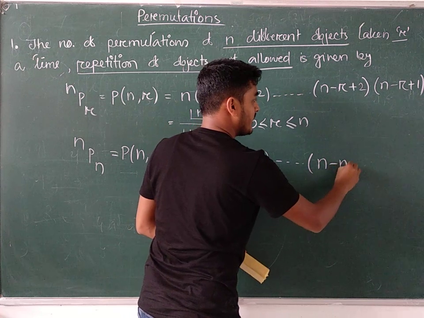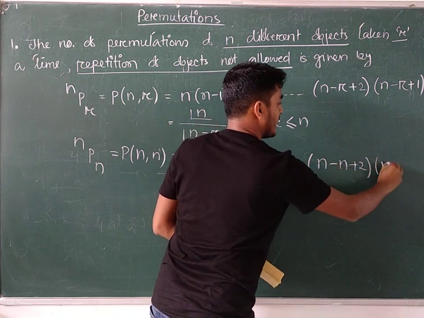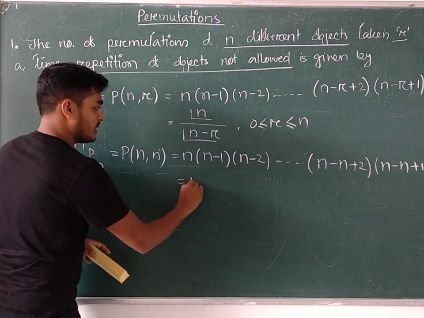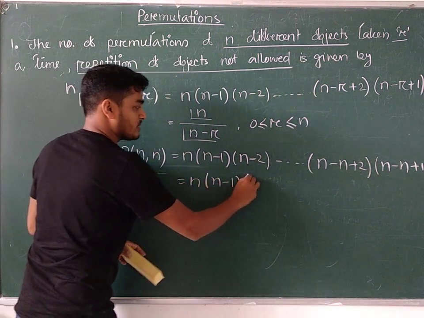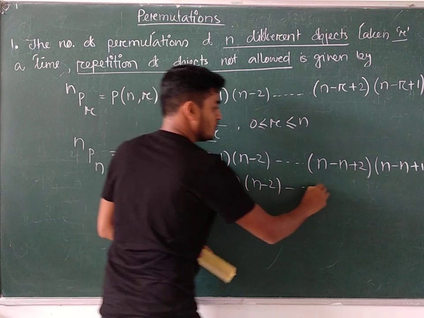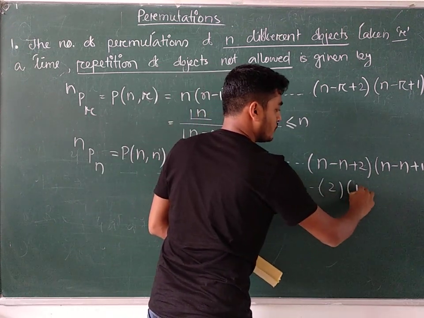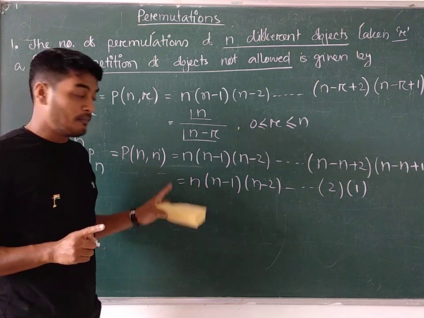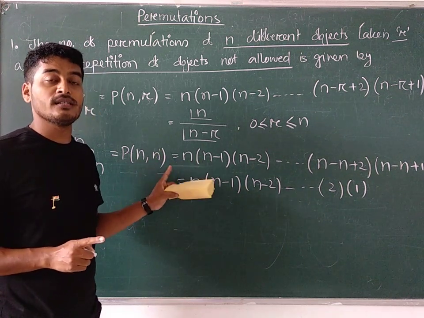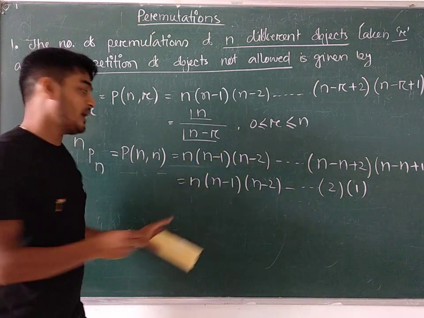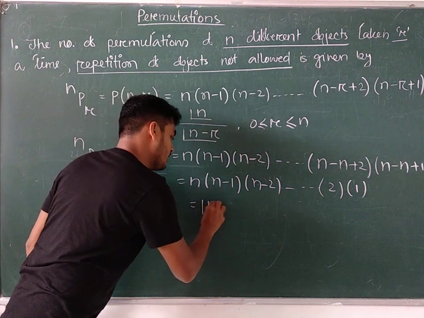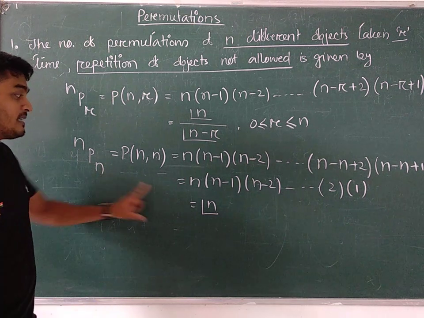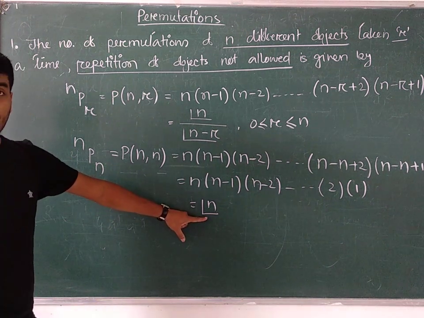N minus n plus 2, n minus n plus 1. So I think you have got it. N into n minus 1, n minus 2, it will end with 2 into 1. It is known to you. The multiplication of the consecutive natural numbers from 1 to n is also represented by factorial of n. Am I correct? That means nPn is nothing but factorial of n.